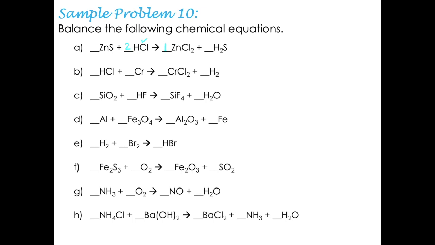Now that we've balanced chlorine, let's look at hydrogen, because hydrogen is also in this molecule. I have 2 HCl molecules. Technically, there's a subscript of 1 after hydrogen. So 2 groups of 1 gives me 2 hydrogen atoms, which means I have to have 2 hydrogen atoms in my product.